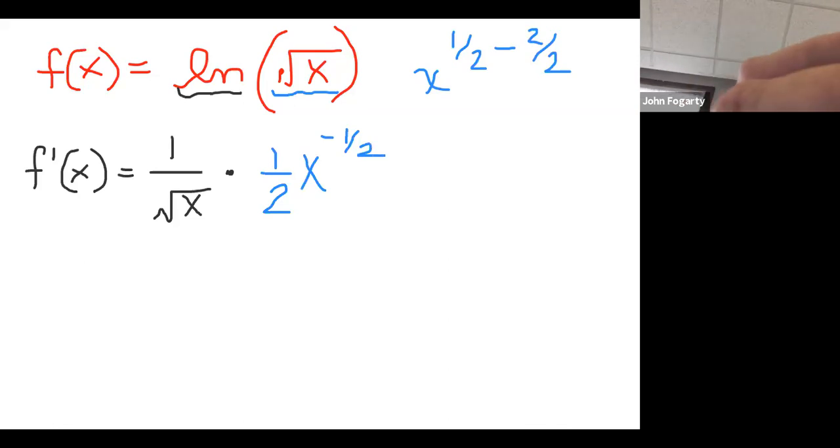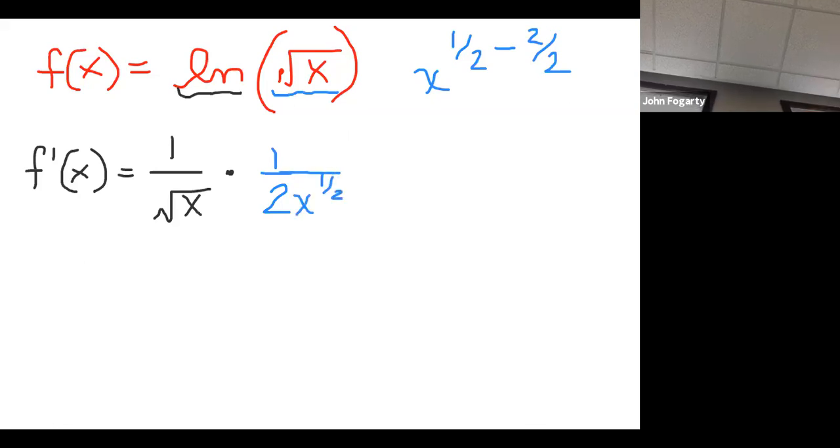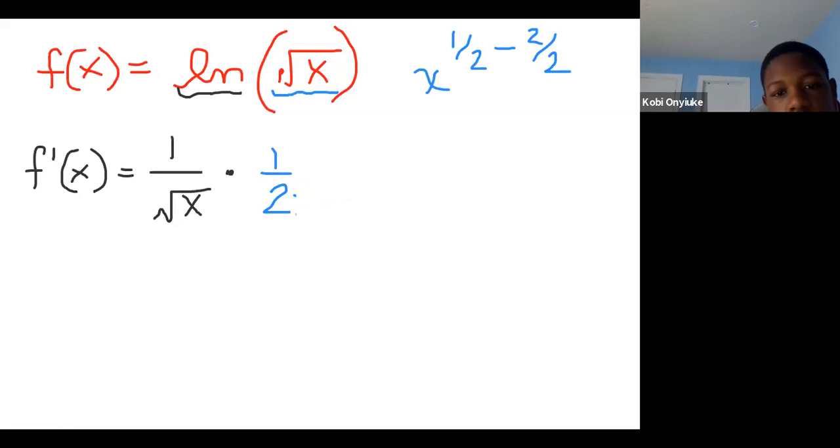Well, if I wanted to make the negative 1/2 positive, where would I put it? In the denominator. I can move that down. But what do I know x to the half is? Radical x.